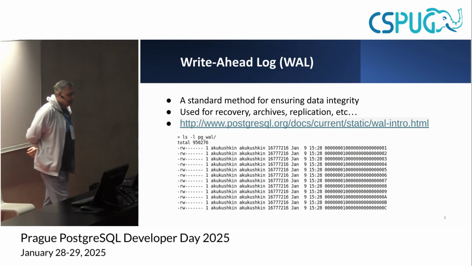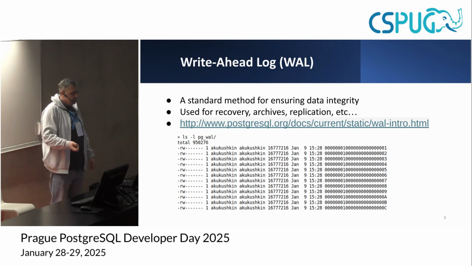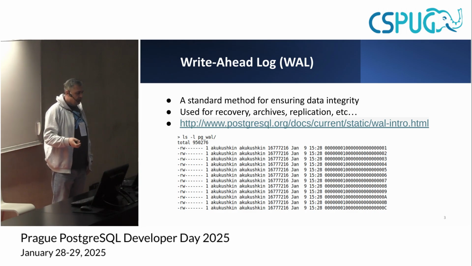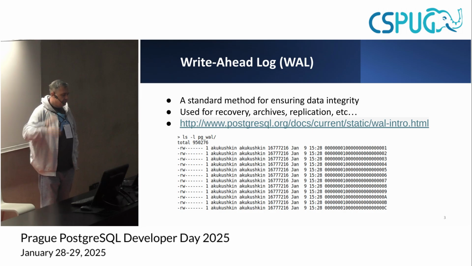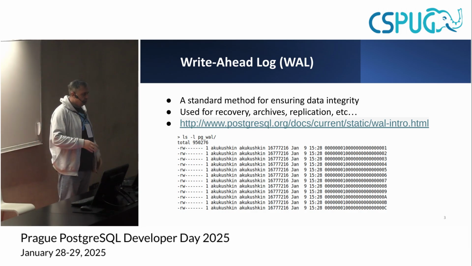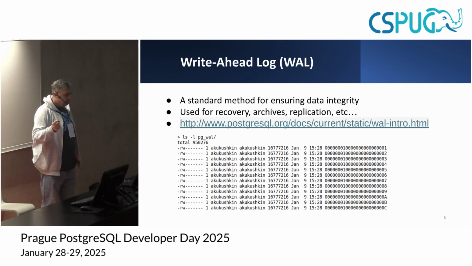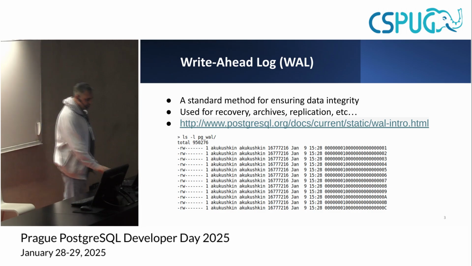It's a standard method to ensure data integrity, and it is used to naturally provide recovery, archives, replication, and so on. You can read more in detail in the Postgres documentation. Here is a link. If you run a Postgres cluster and look into the pg_wal directory, the place where Postgres stores write-ahead log files, you will see something like this.